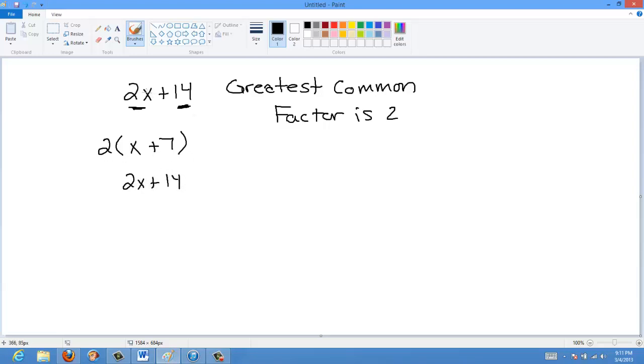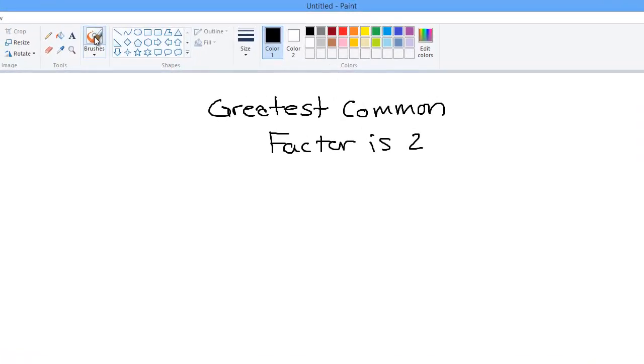And you can see we got back to the original expression. And so what this means is that 2 times (x plus 7) are the factors of 2x plus 14. Okay, so really what we're trying to do is look for the greatest common factors and see what we can pull out of the expression.